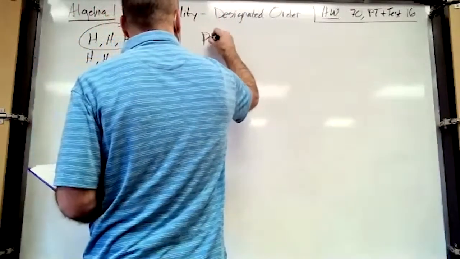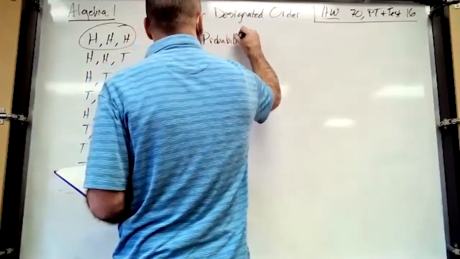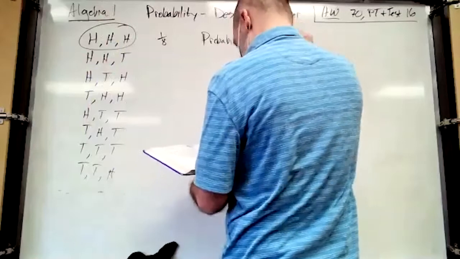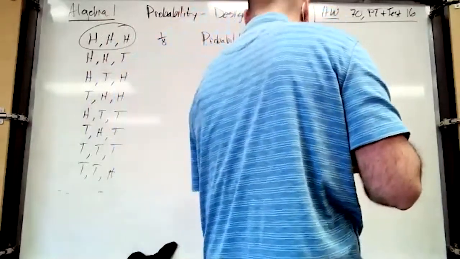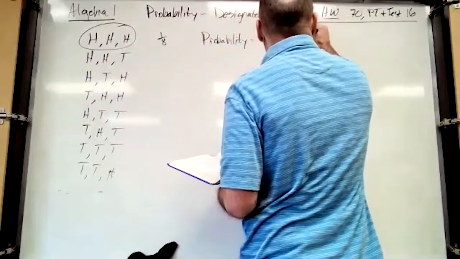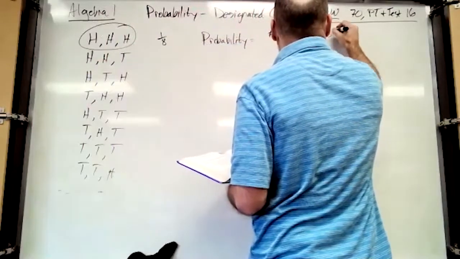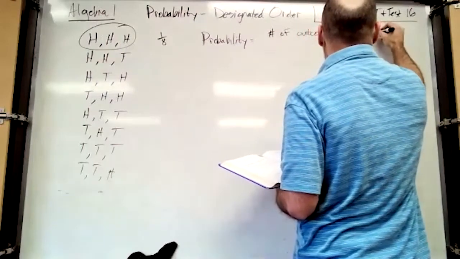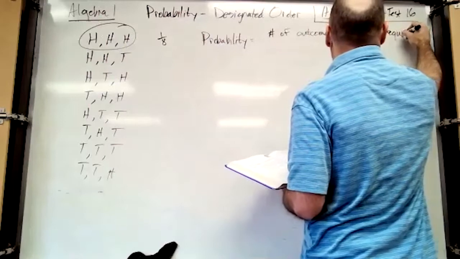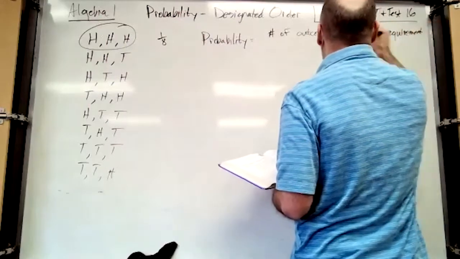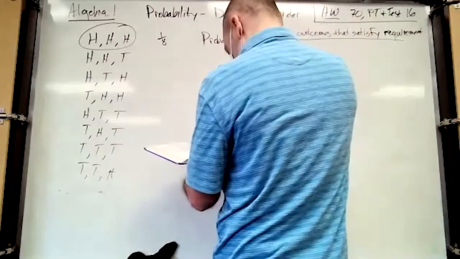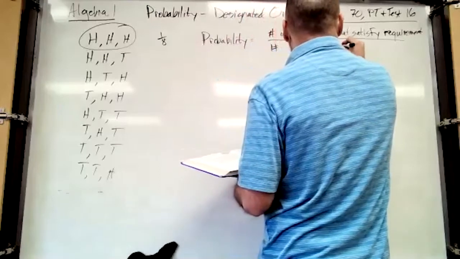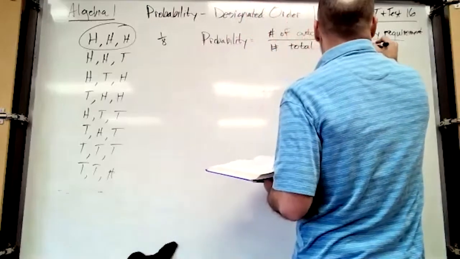So probability equals the number of favorable outcomes, or number of outcomes that satisfy requirements, for example getting a heads 3 times in a row, or just getting a heads once, over the number of total outcomes in the sample space.